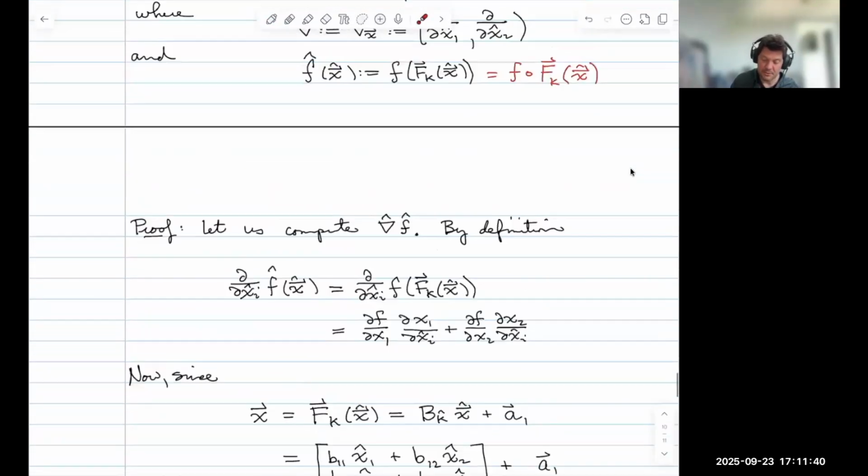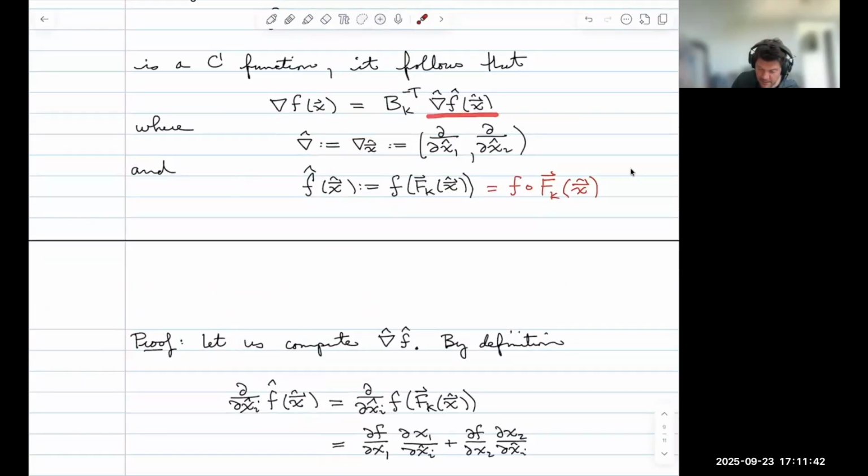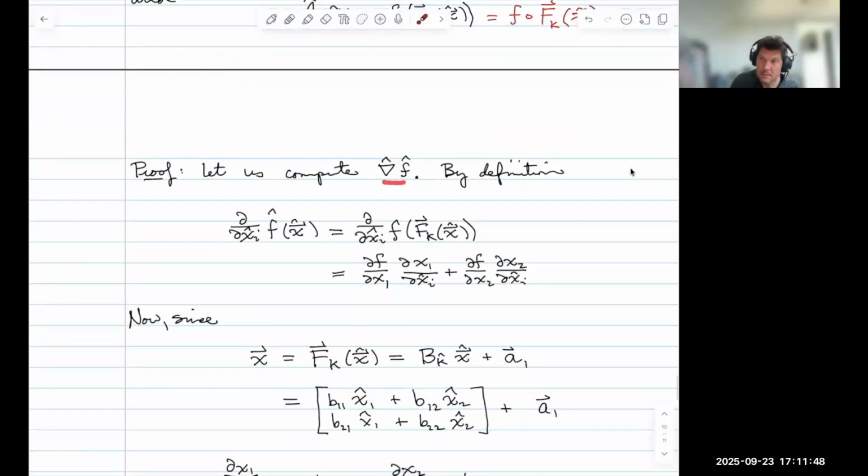The easiest way to do this is to start off by doing this calculation and figuring out what it means. If I want to compute the gradient in the reference triangle coordinates of f hat, what am I doing? I'm taking the derivatives with respect to the hat coordinates of f hat. So let's take an arbitrary reference coordinate, x hat i, where i is going to be 1 and 2.